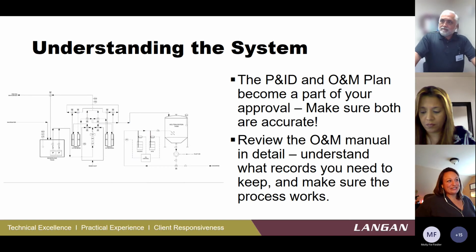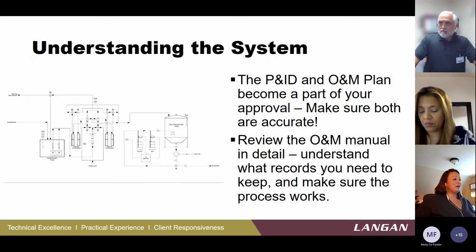Understanding your system, your P&ID and your operation and maintenance plan become part of your approval. So make sure both are accurate. This is a pretty common thing where an application will go in with a design like this on it.